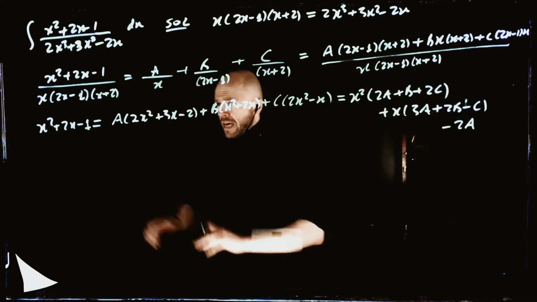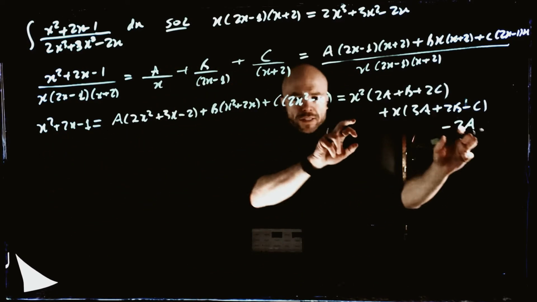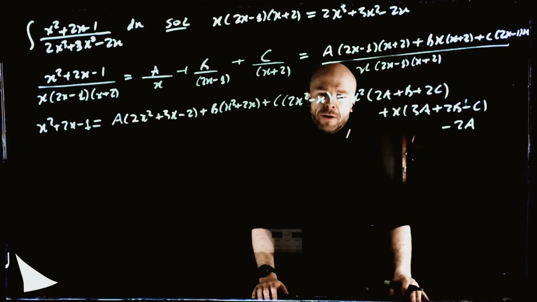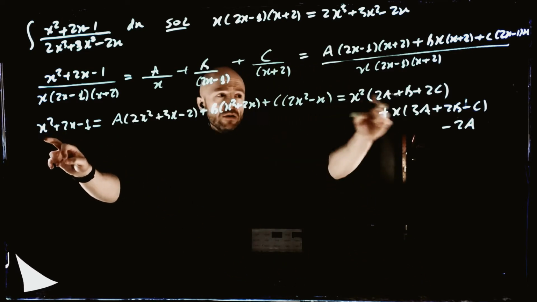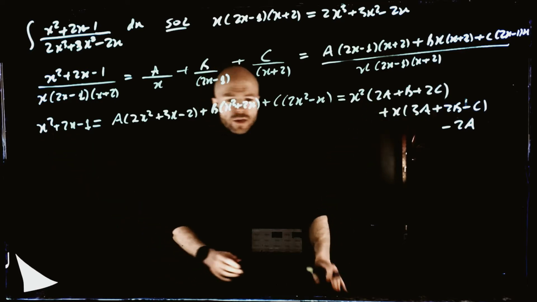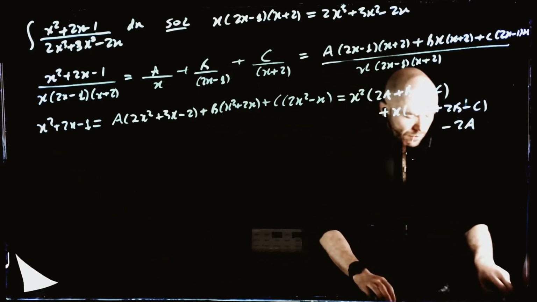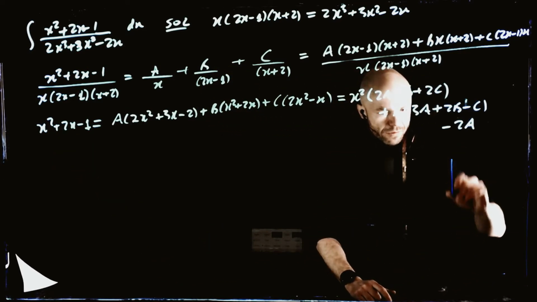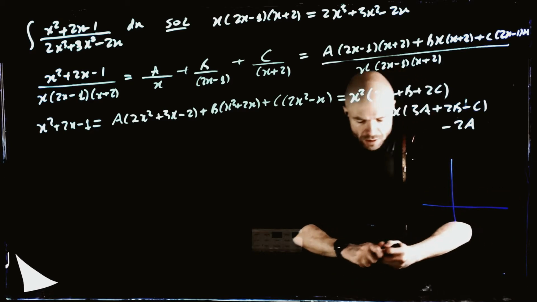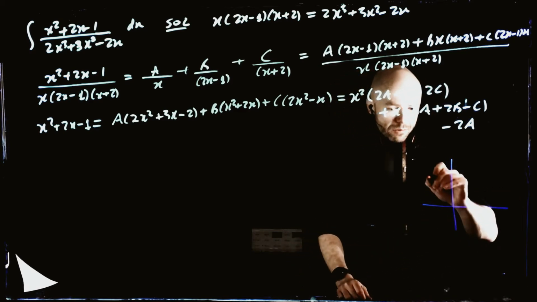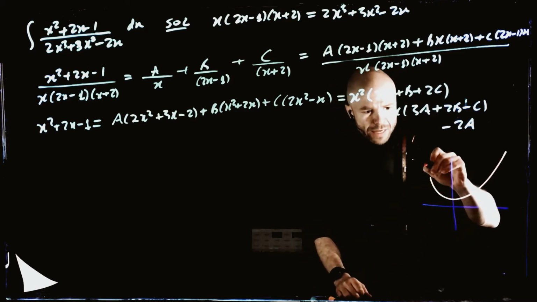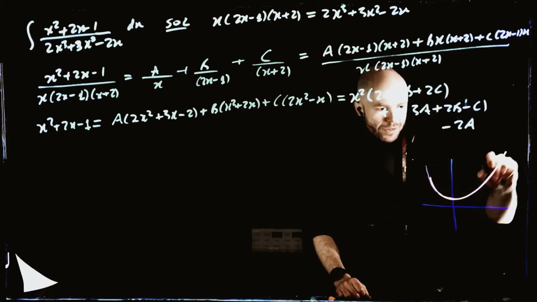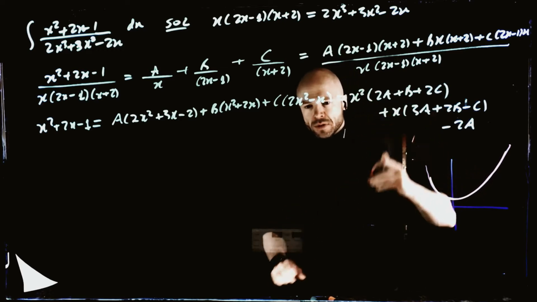So what we have is that this quadratic is equal to this quadratic for every single x. And the only way that's possible is if all these coefficients in front of the quadratics agree, right? Go back if you're not sure about this, but you can just look at it. If we have two quadratics, the only way they agree for all possible x is if the coefficients in front of all of them are the same.